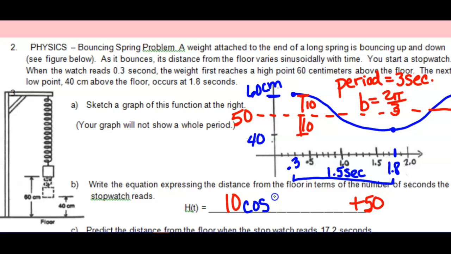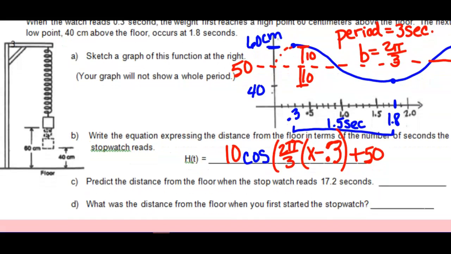We said the B value we want to use is 2 pi over 3, and its peak was at 0.3, so we're going to say it's shifted to the right 0.3 to get it to be a cosine graph. It obviously was doing something over here, but we don't know what. We just know that its peak was at 0.3, so that's the easiest way to write the equation.